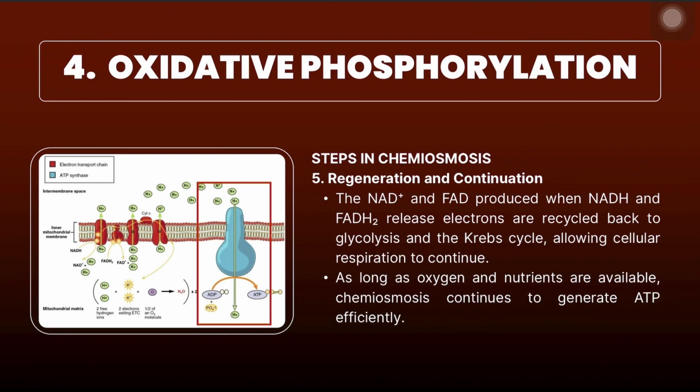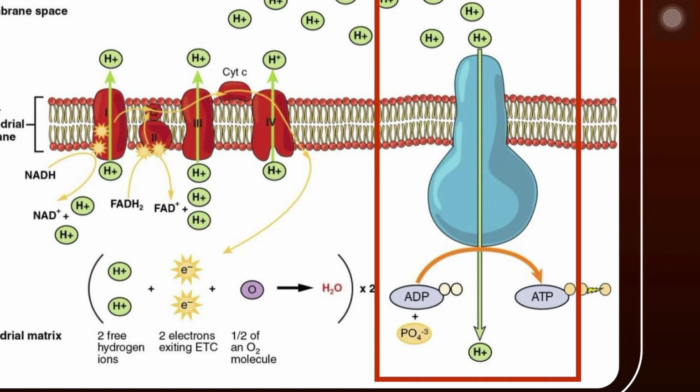And finally, the last step of the oxidative phosphorylation as well as the cellular respiration is the regeneration and continuation. When the NADH and the FADH2 donate their electrons to the electron transport chain, they are converted back into NAD plus and FAD plus.